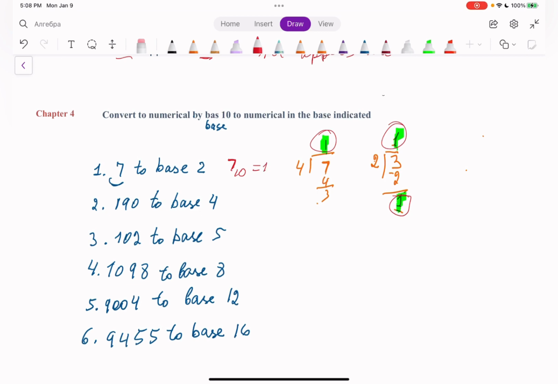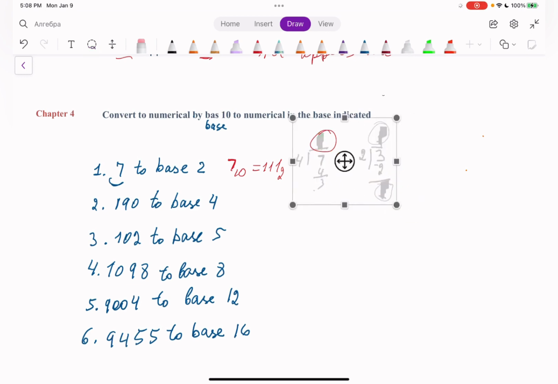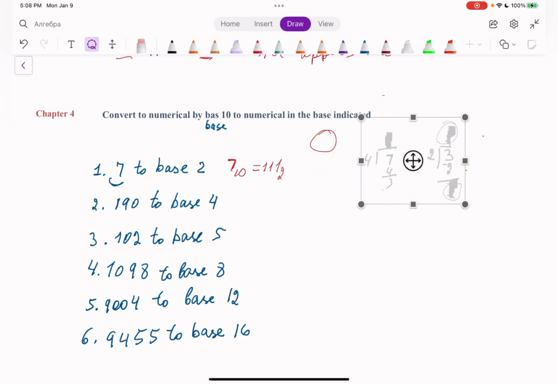It's going to be 1, 1, 1 in base 2. Okay. Now I would like to leave this so you can look, and I'll move a little bit this way, so we can leave space for the next one. Let's do 190 in base 4.